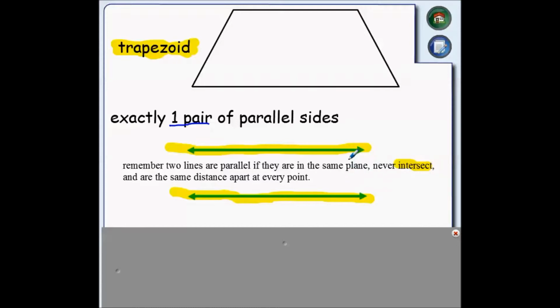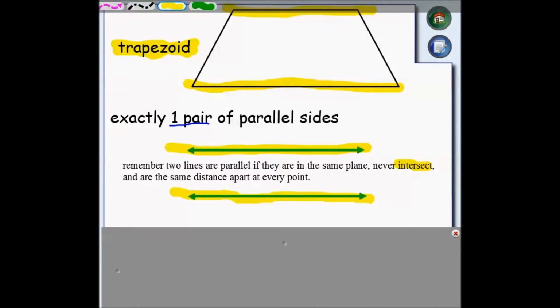See, it's about an inch here, it's about an inch here. That's what parallel is. So the parallel sides on this trapezoid that you see up top, this one is parallel to this one, because they would go on forever and they would never intersect each other. And they're always going to be the same.